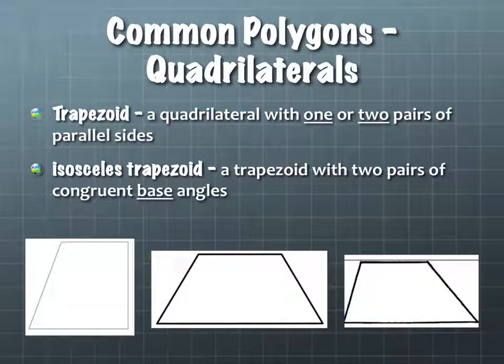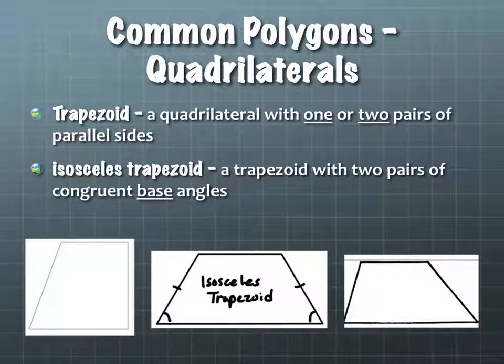It's not drawn in, but it is intended that I'll draw it in now. You can mark yours, that these 2 actually have congruent sides, which also means that they will have congruent base angles. If you get one, you get the other one for free. So the one in the middle is actually called an isosceles trapezoid for that reason.